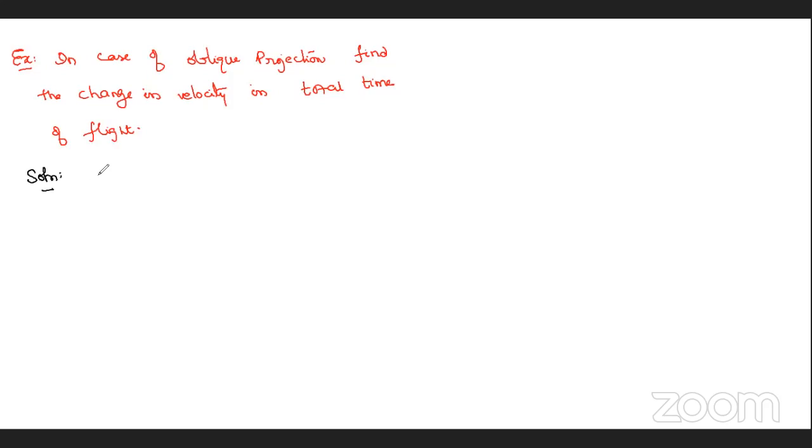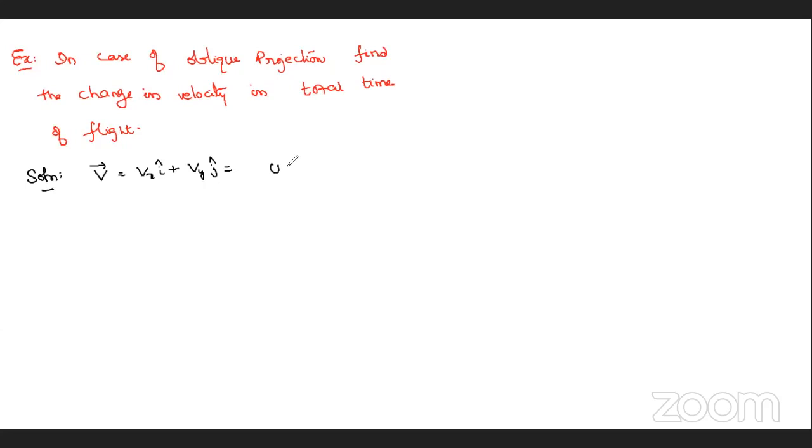Okay. If you are not getting any idea, just see here. Final velocity means generally we write it as Vx i cap plus Vy j cap. This is not the final answer, Nana. See there.